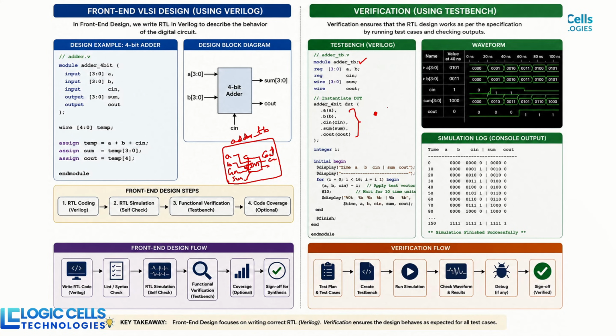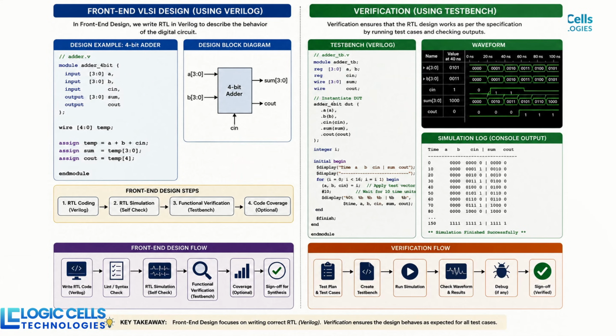The .a that we write here corresponds to a of your DUT, and within the braces we mention this a, comma. We need to connect all the ports to communicate with the test bench. These are the ports of your DUT, and correspondingly we have variables here, which will be connected to these ports. That is how communication happens between the test bench and your design.